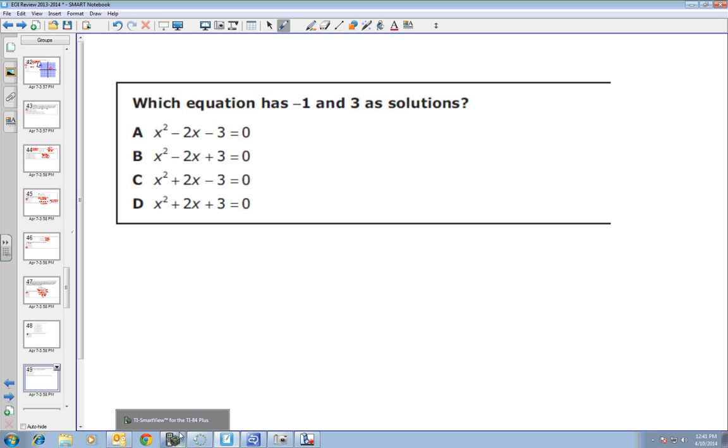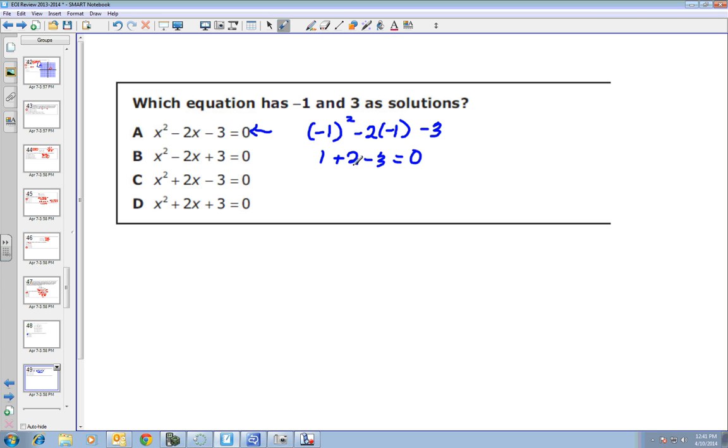You can plug and chug if you want, okay? Here's probably what I would do. First of all, if you're going to plug and chug, if I'm going to do A, make sure when you plug in -1, you put parentheses around that. So when I plug -1 into A, I get 1 plus 2 minus 3, and it's supposed to equal 0. Does that equal 0?